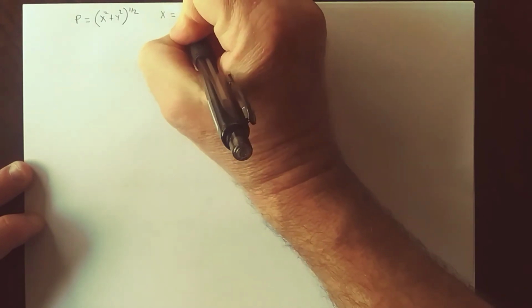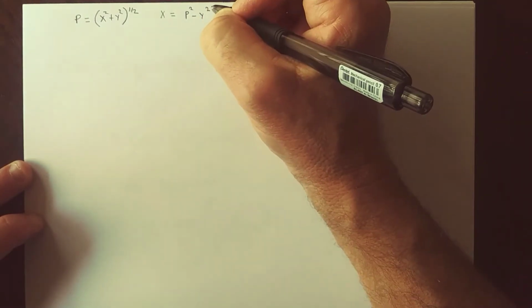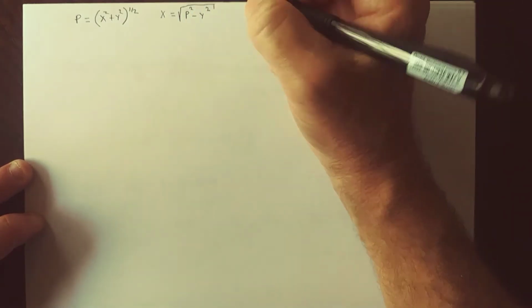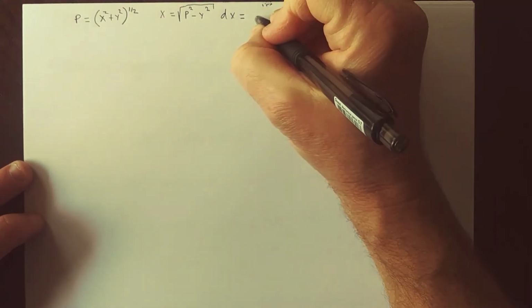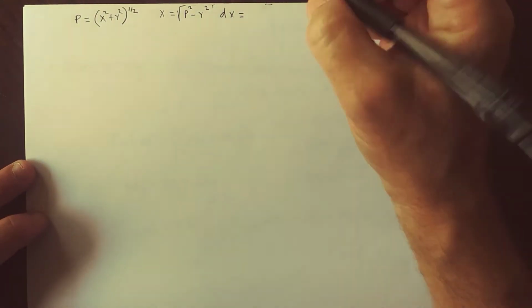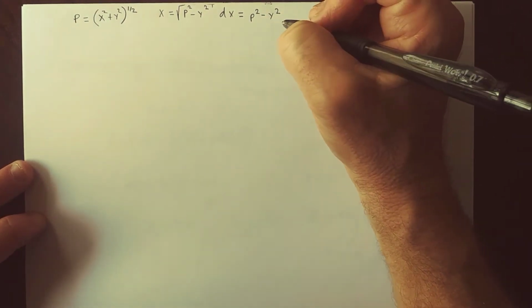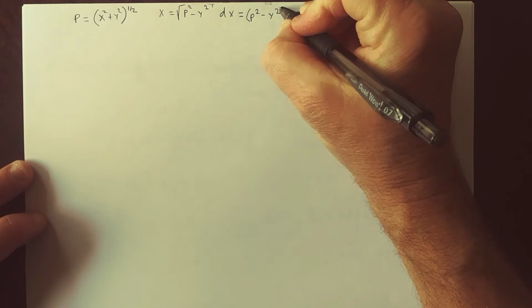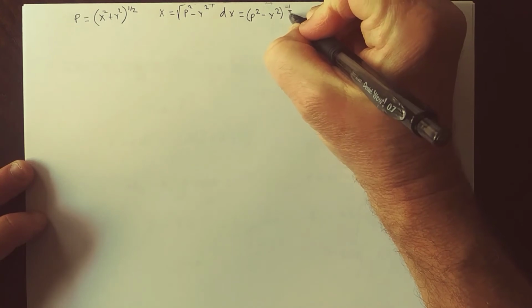And x is therefore p squared minus y squared to the 1/2. And we can replace dx with dp. dx becomes p squared minus y squared to the minus 1/2 times p dp.